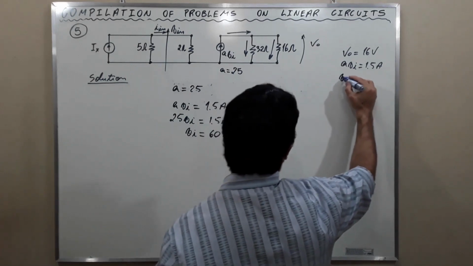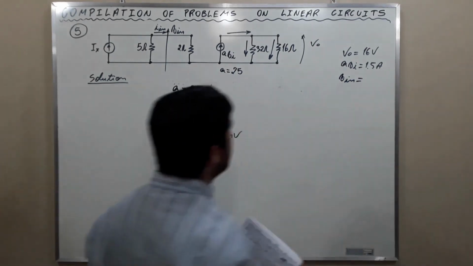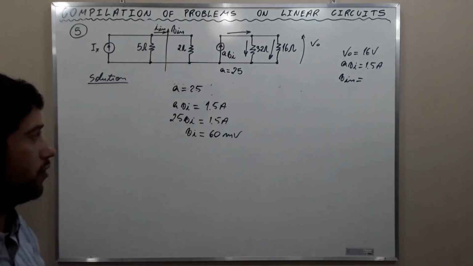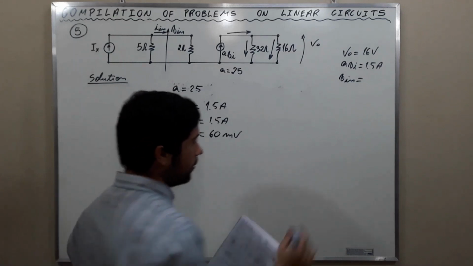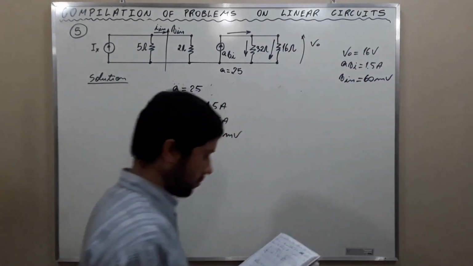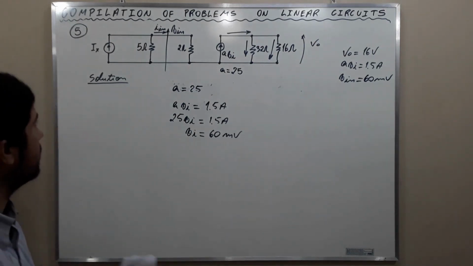VI, or Vin, if you prefer. For me, it's the same. 60 millivolts. And what else can we calculate?